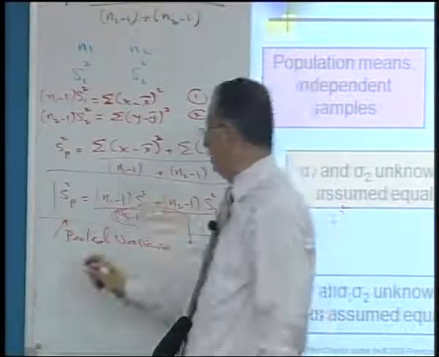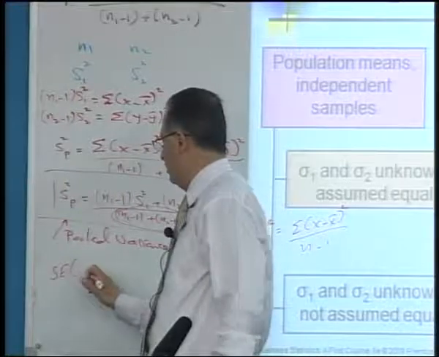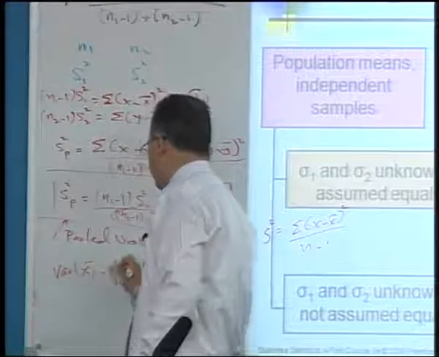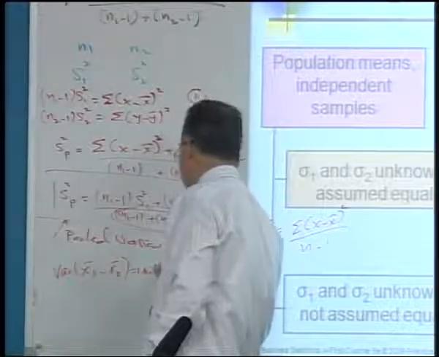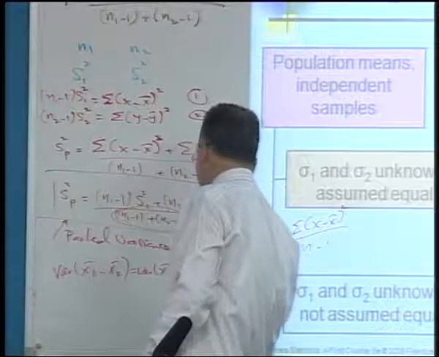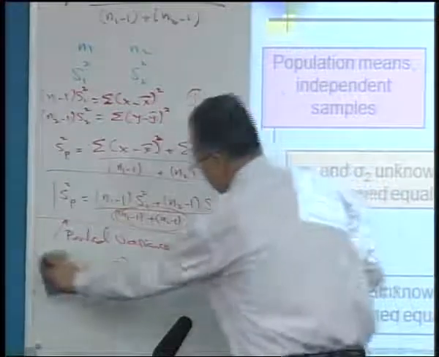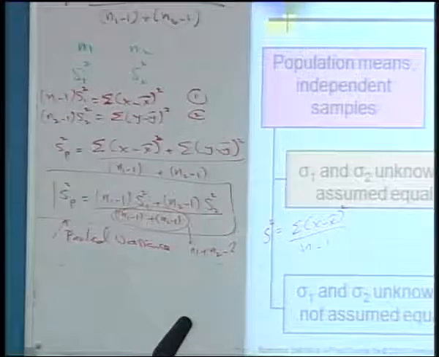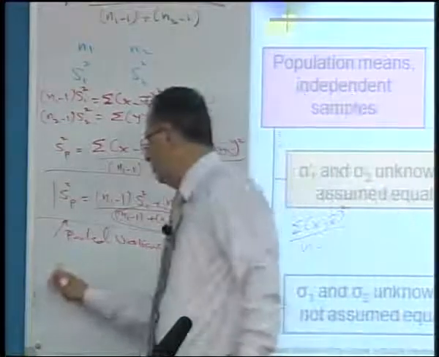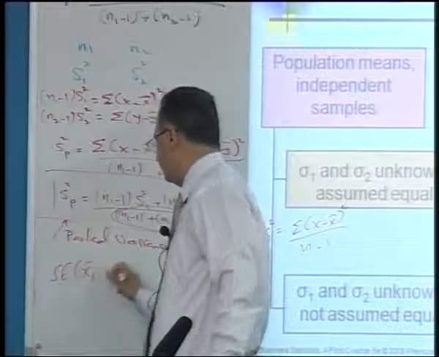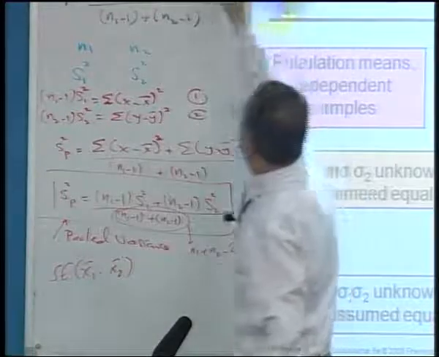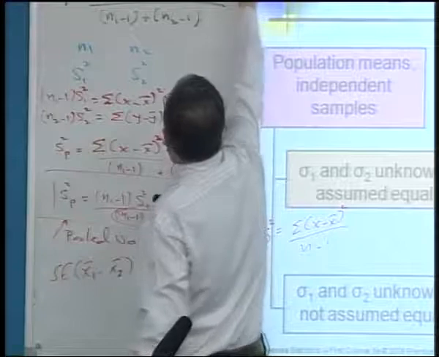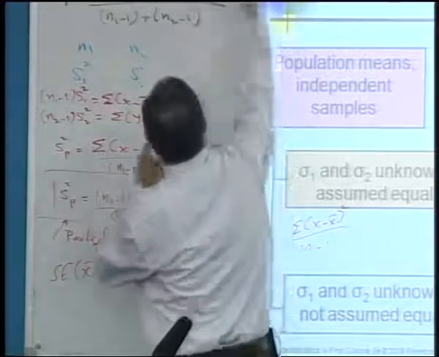Yes, because we are looking for the difference, or the variance first. The variance for x1 bar minus x2 bar is the variance of x1 bar plus the variance of x2 bar. So we have to add these together. But we are talking about the standard error of the difference of the means, x1 bar minus x2 bar. Now, what's the standard error of x bar? It is the square root of sigma squared over n, or s squared over n if sigma is unknown.